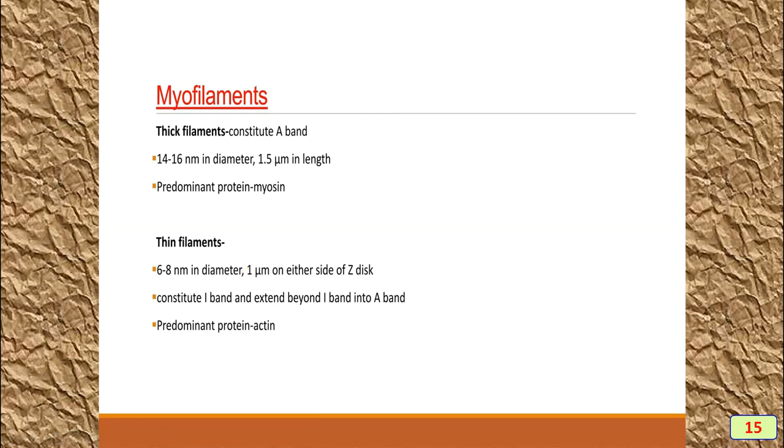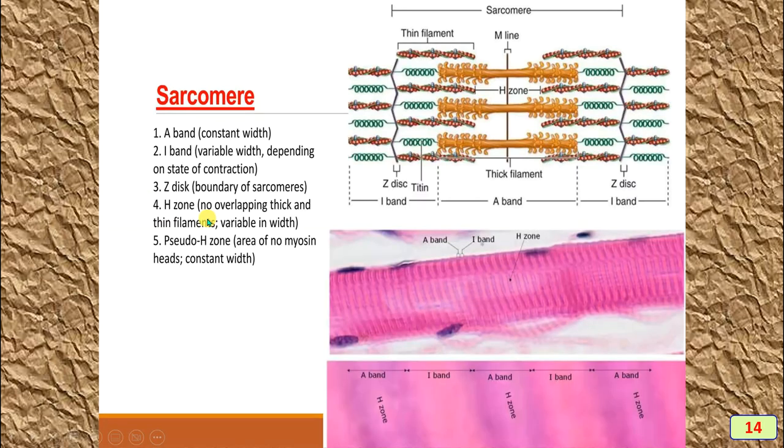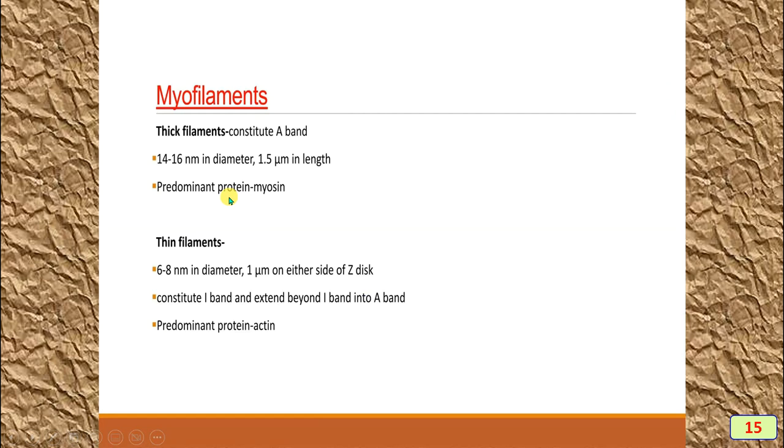So myofilaments are the basic structures that constitute the A band. The thick filaments are called myofilaments, 14 to 16 nanometers in diameter, a very small structure, 1.5 micrometers in length, and the prominent protein is myosin.